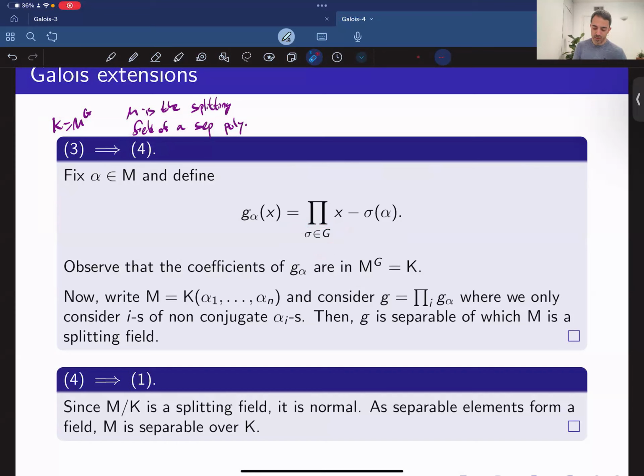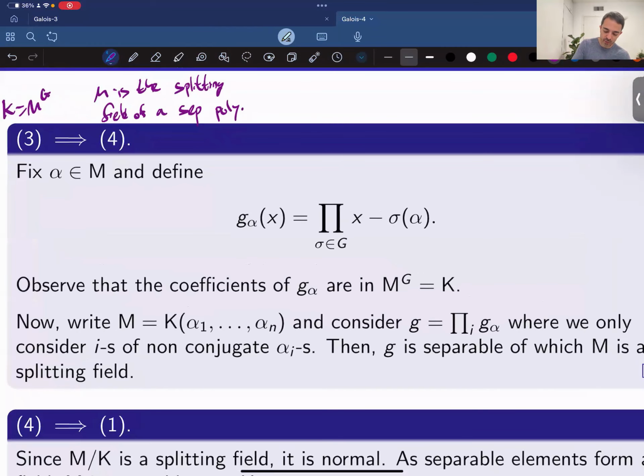And if you look at it for a second, then the coefficients of this polynomial are fixed by every element in G, right? Because if you take any, say, tau in G, I don't want to call it sigma because you have this running index here.